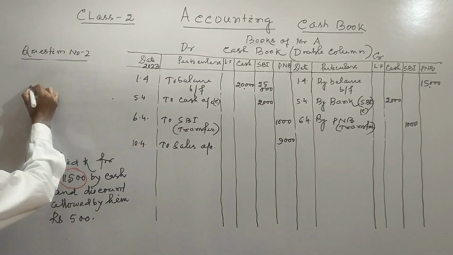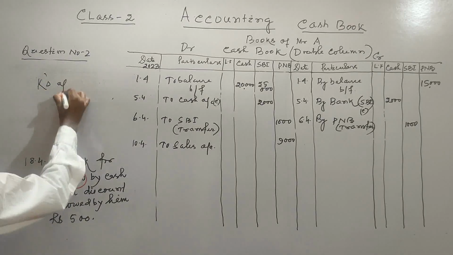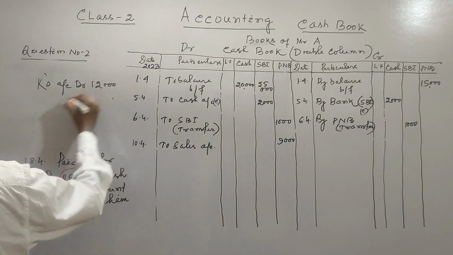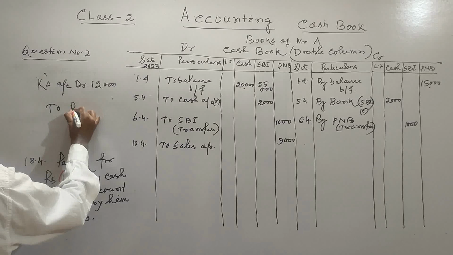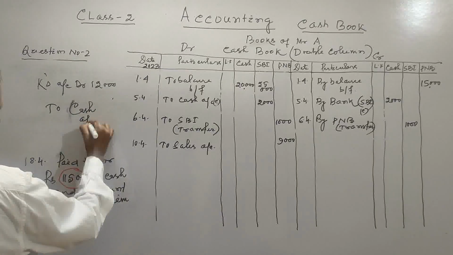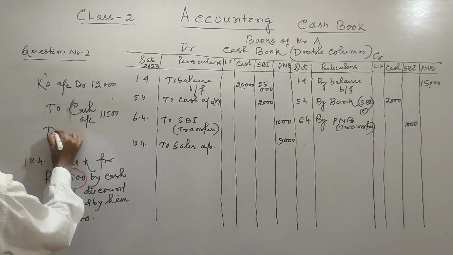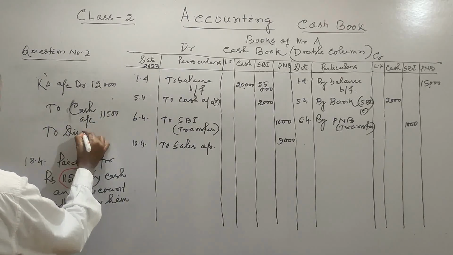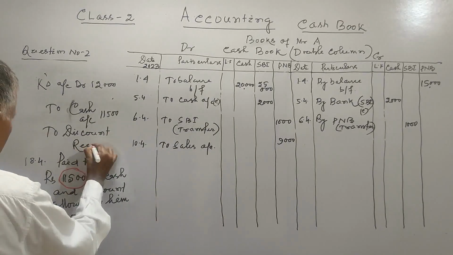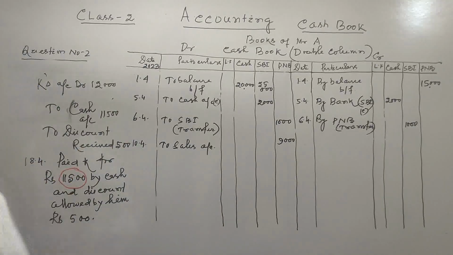If you see the journal entry, I can write it. The journal will be K account debit 12,000 to cash, because it is paid in cash, 11,500, to discount received, it is 500.